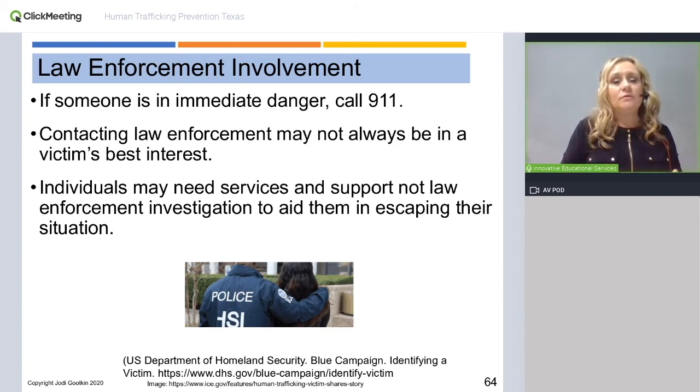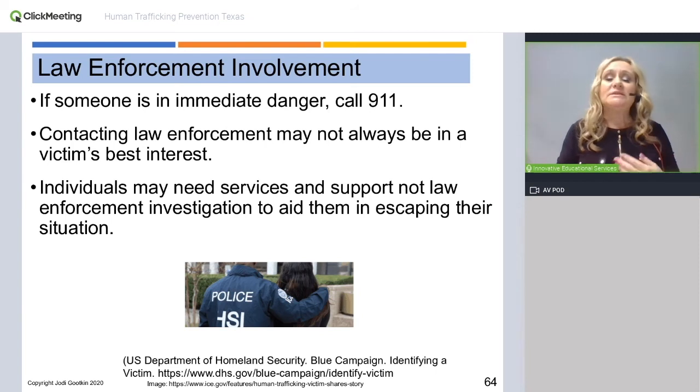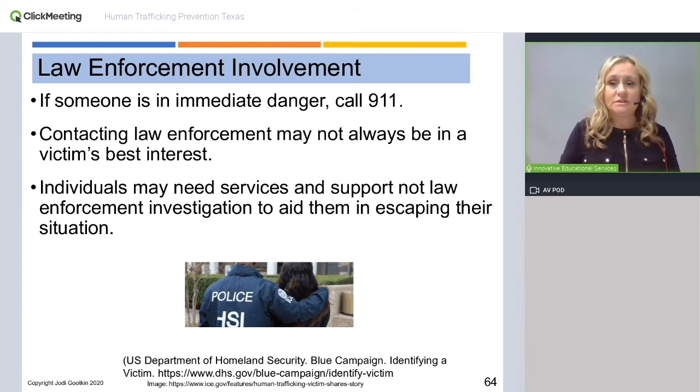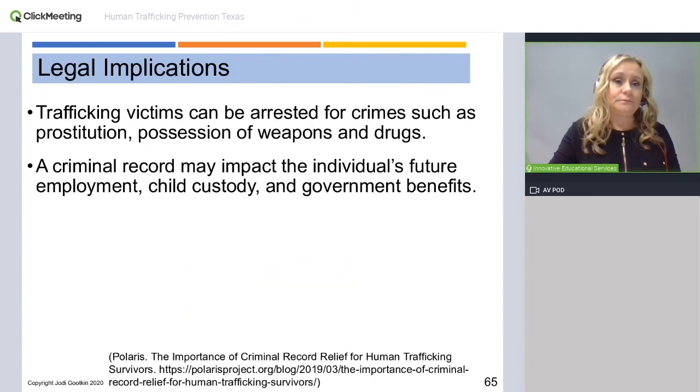It's up to law enforcement to investigate, and that does take time. The person who's the victim of trafficking may need immediate assistance to get them out of the situation. That would necessitate different resources than what's provided immediately by law enforcement.